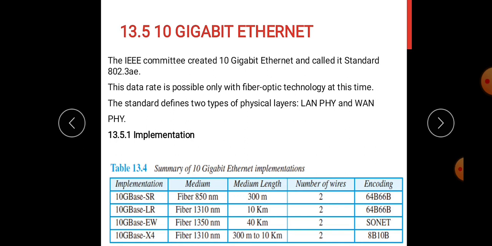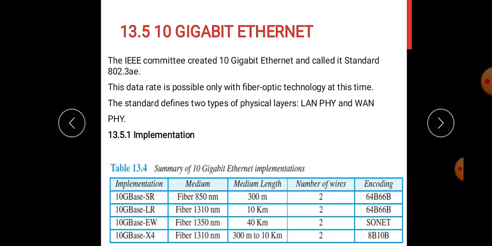The goal of the 10 Gigabit Ethernet design can be summarized as upgrading the data rate to 10 gigabits per second, keeping the same frame size and format, and allowing the interconnection of LAN, WAN, and MAN.